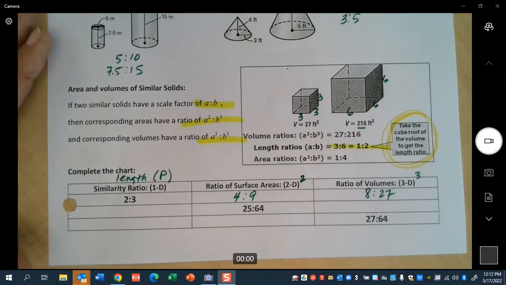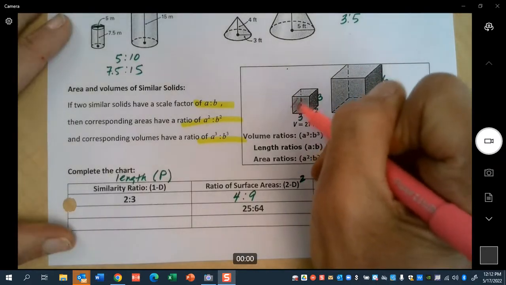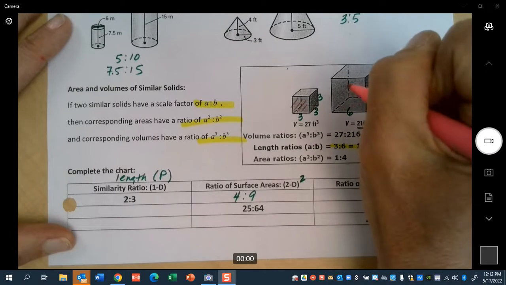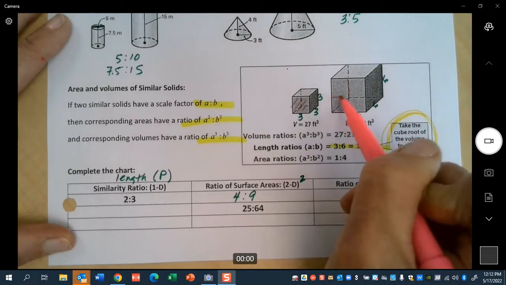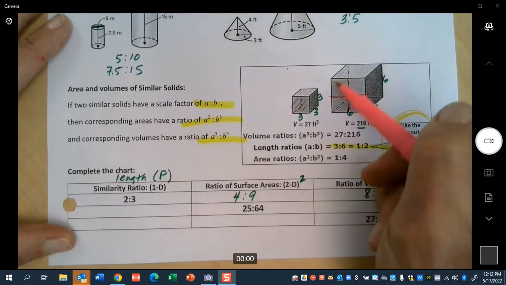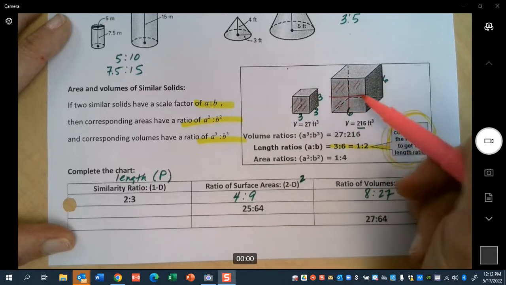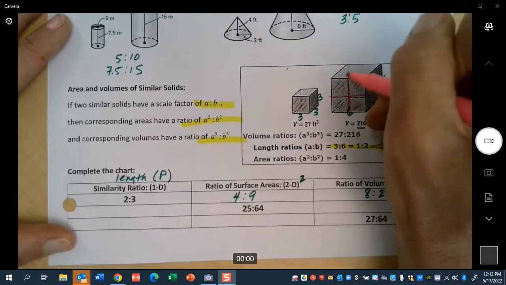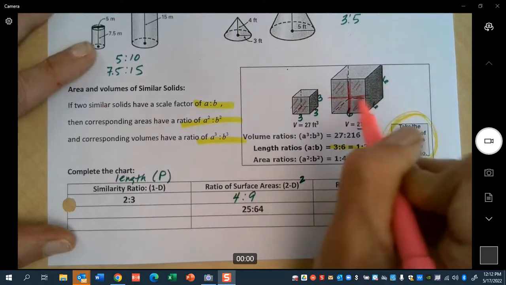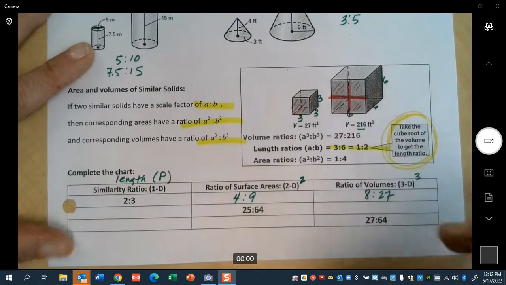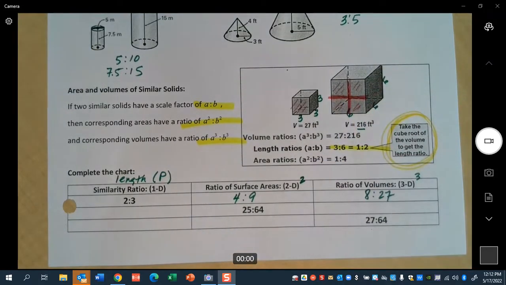So I know that their surface areas would be in the proportion of 1 to 4, which is exactly what we had with our cubes. Because their linear lengths are 1 to 2, I know that their surface areas are going to be 1 to 4.